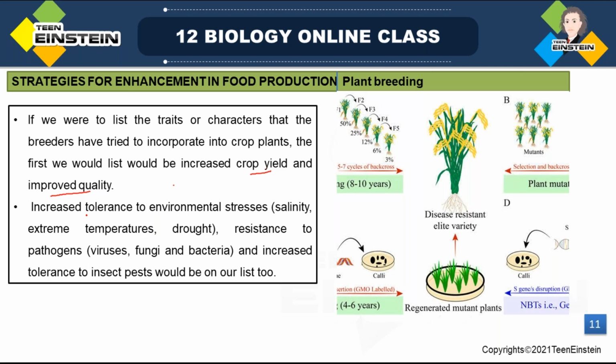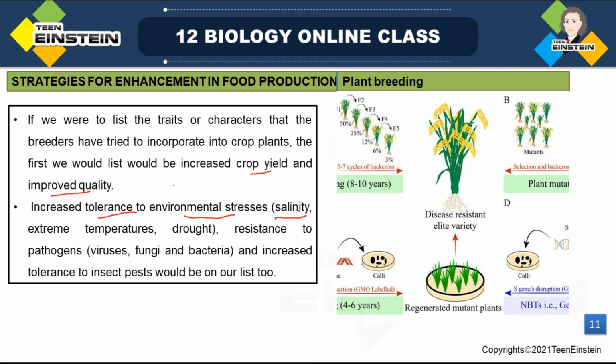So first, increased tolerance to environmental stress, like nowadays in changed climate. Making varieties based on climate is not so easy. We need to get a variety which is acceptable to saline condition, extreme temperature, and drought.